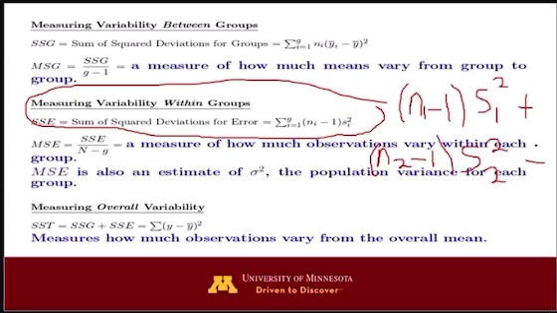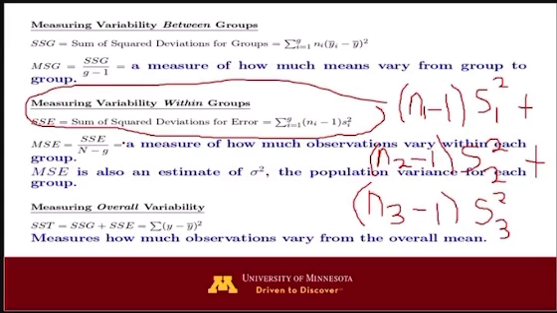Then plus N3 minus 1, the sample size for the third group minus 1, multiplied by the sample variance for the third group. If you add them up, that will give you the sum of square error.